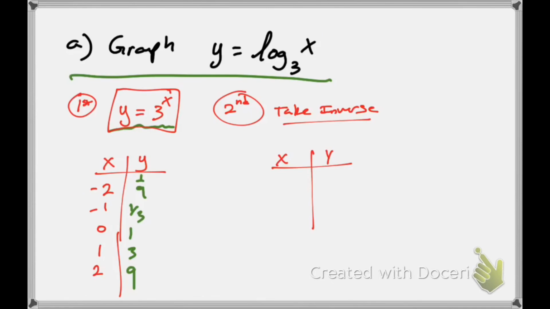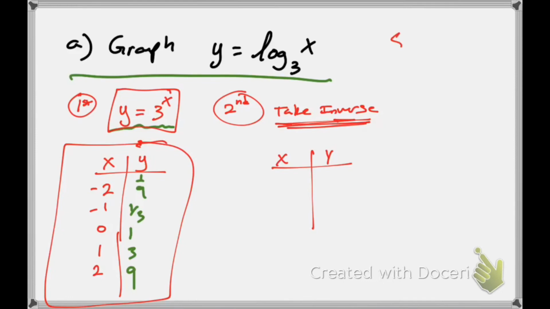If you guys remember from previous lesson, if I take the xy coordinates here and want to take the inverse, all I have to do is swap the x and y coordinates. So I'm literally just going to take all the values and just flip them.